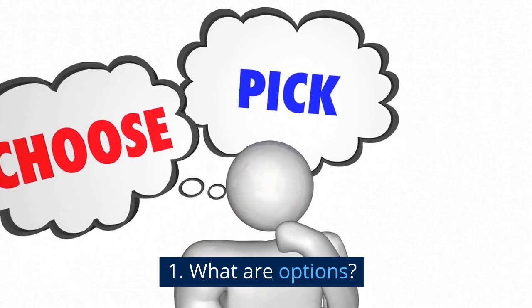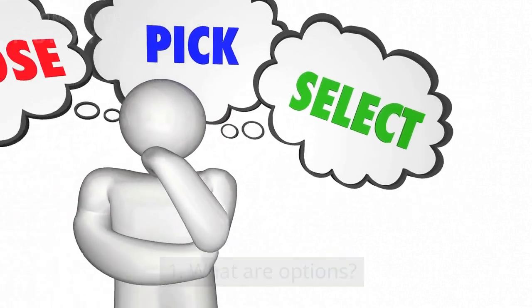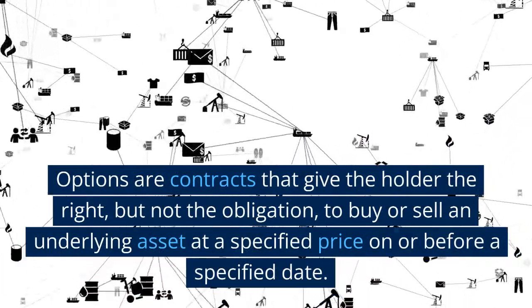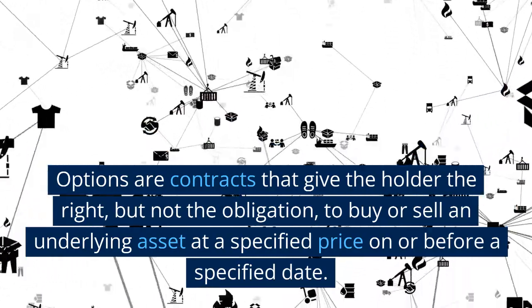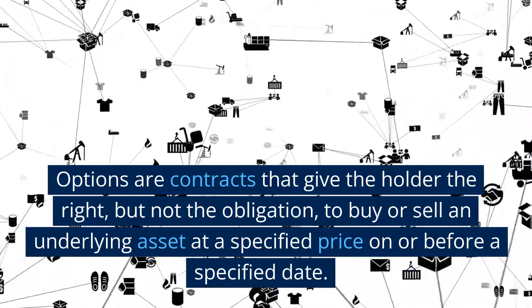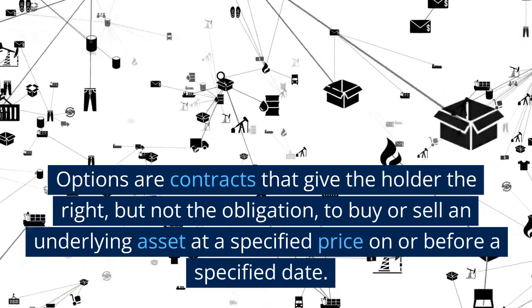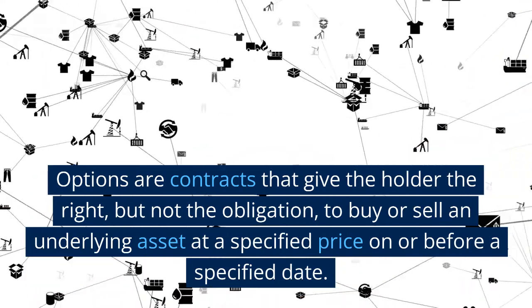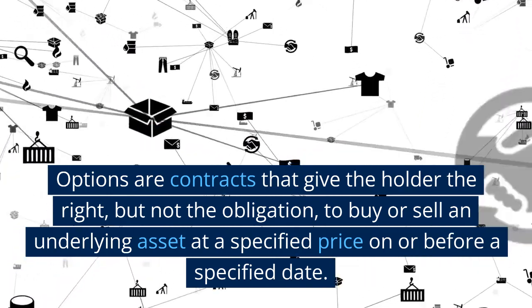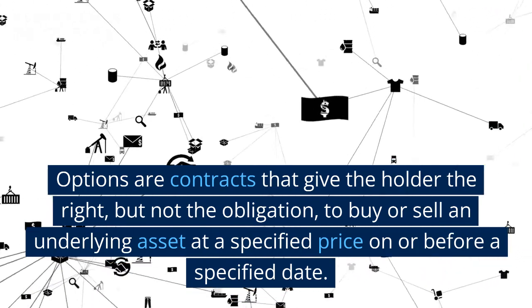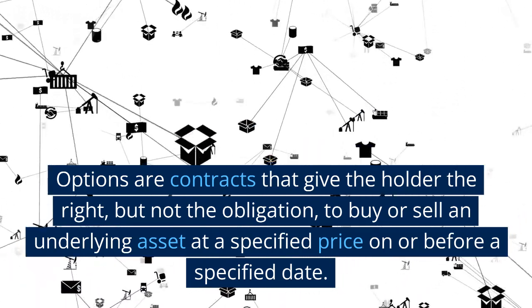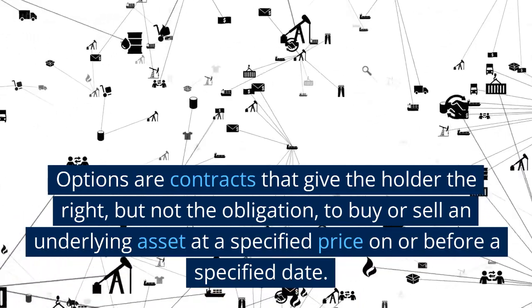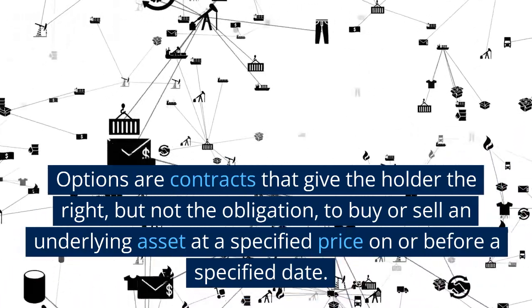The first question is, what are options? Options are contracts that give the holder the right but not the obligation to buy or sell an underlying asset at a specified price on or before a specified date. So options are contracts. That means there will be a particular price and a particular date.